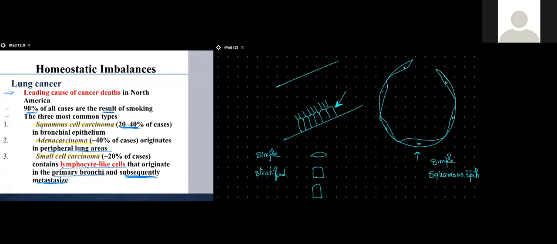So how can I develop squamous cell carcinoma in the bronchial epithelium? If I don't have squamous cells, how would I get a cancerous squamous cell in a site where I don't have squamous cells? What do you think? So it's coming from another tissue.